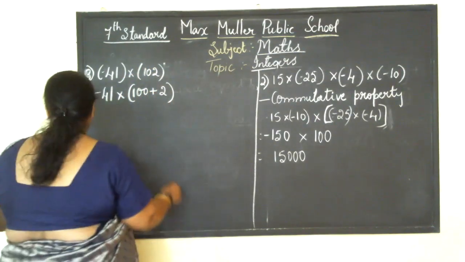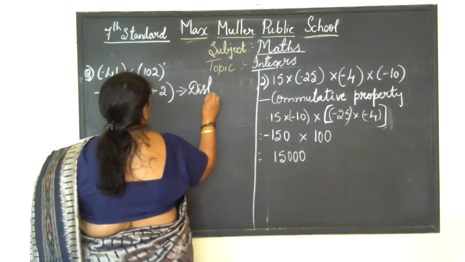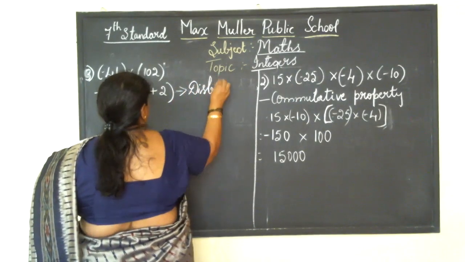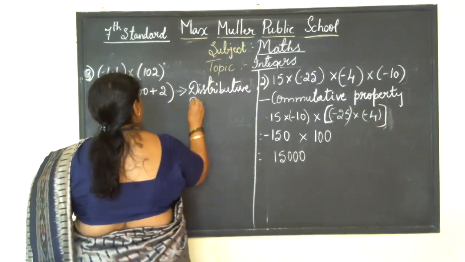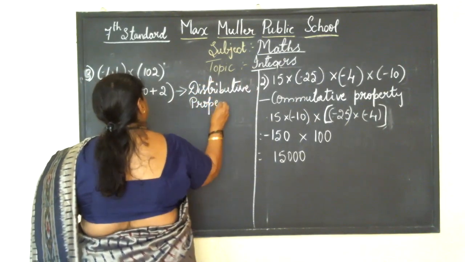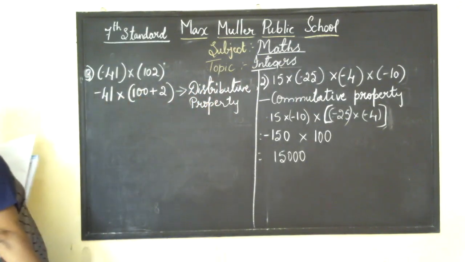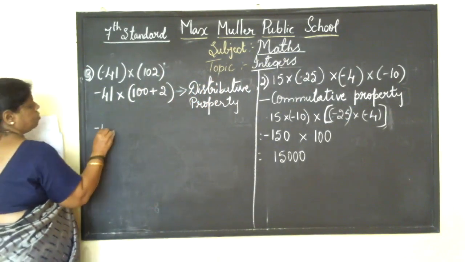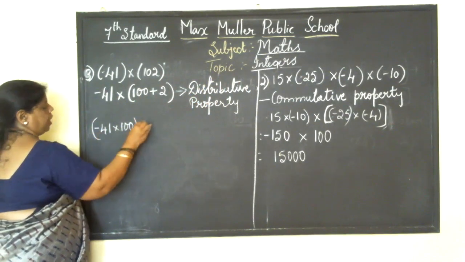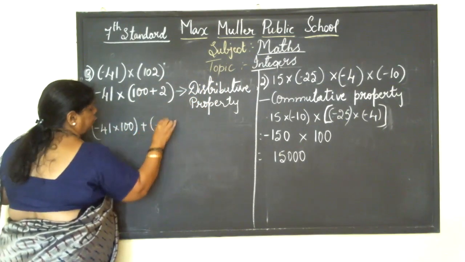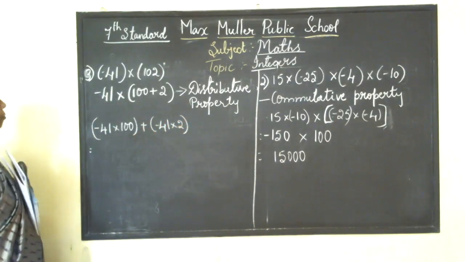This is distributive property. We have changed it into distributive property. So, minus 41 into 100 plus minus 41 into 2.